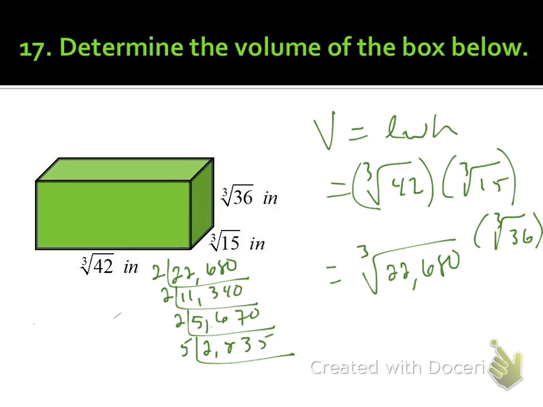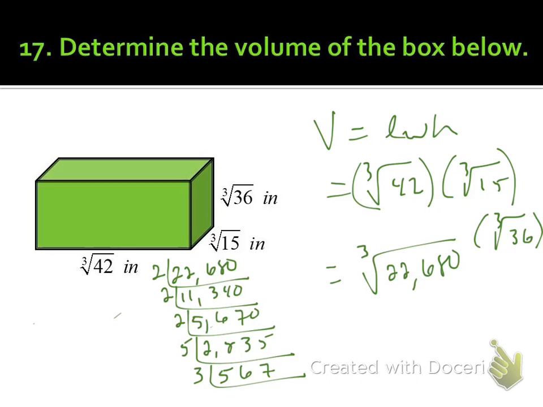Let's see, 5 will go into the 2835, and it'll go 5, 6, 7. I think that's right. Let's see, 5 won't go into 567, so 3 will, because 5 plus 6 is 11 plus 7 is 18.